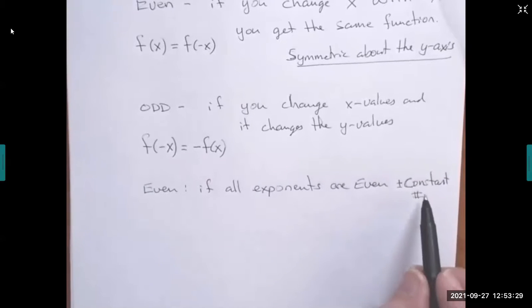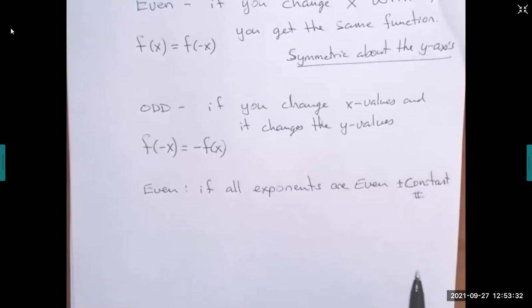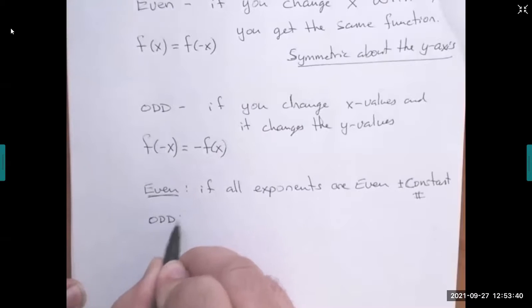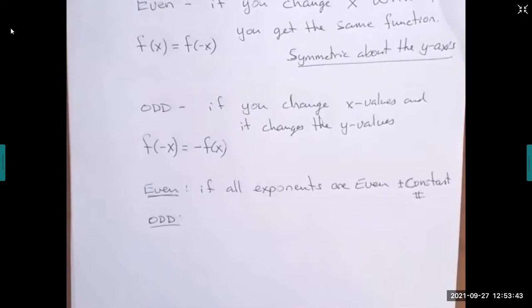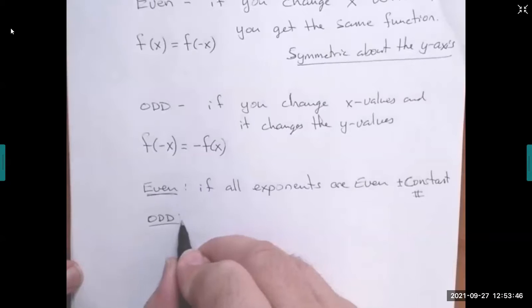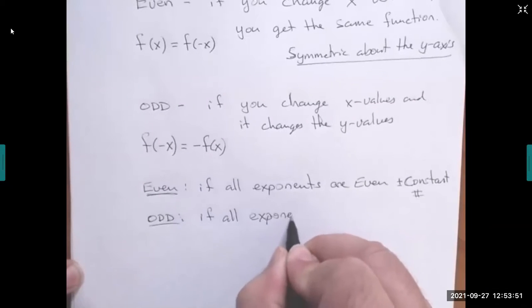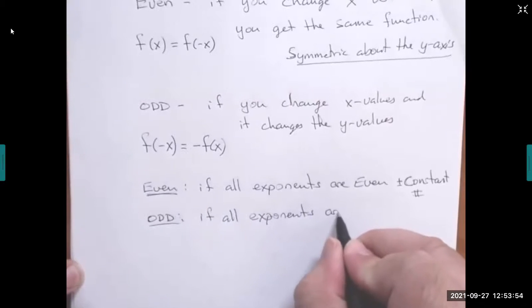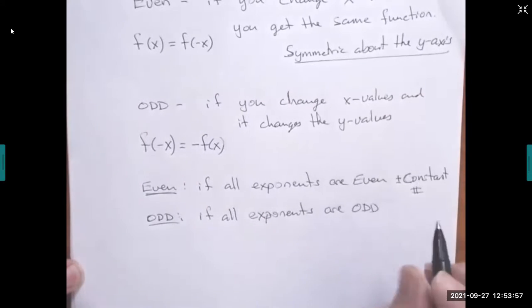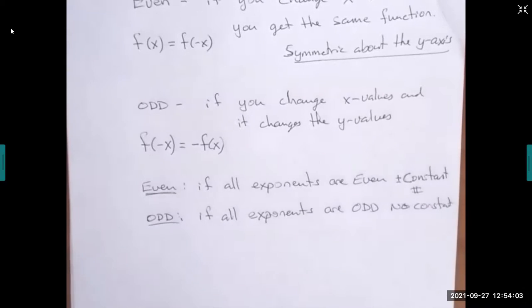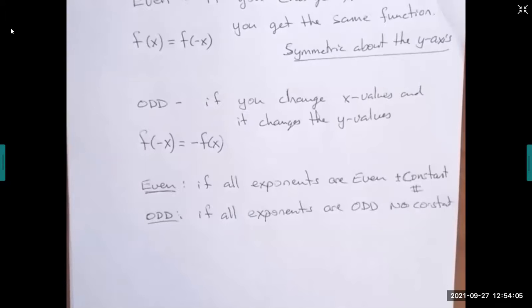If all of them are even and you have a constant number, then it's an even function. Odd: no constant. If all your exponents are odd and you have no constants.